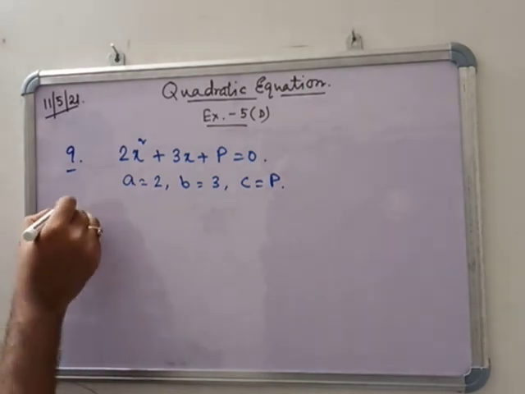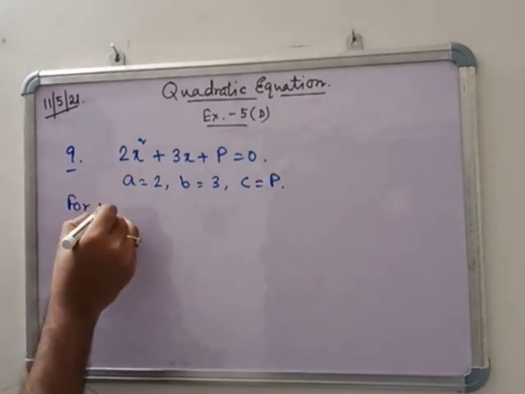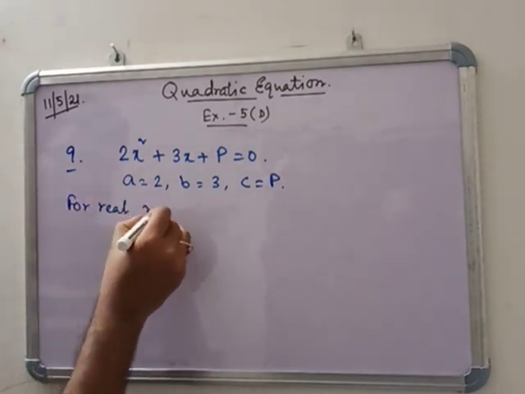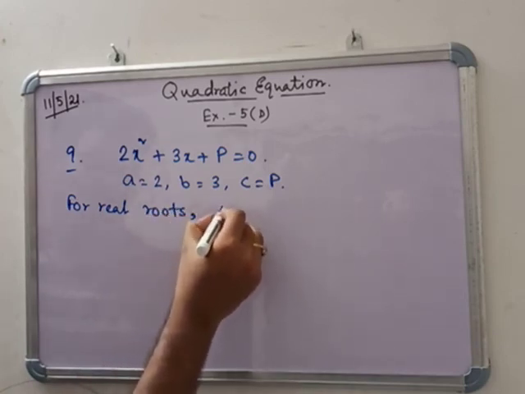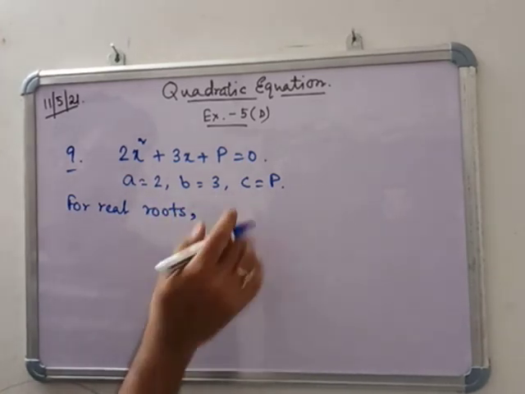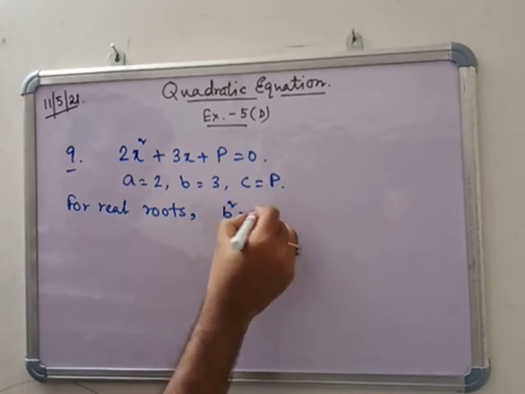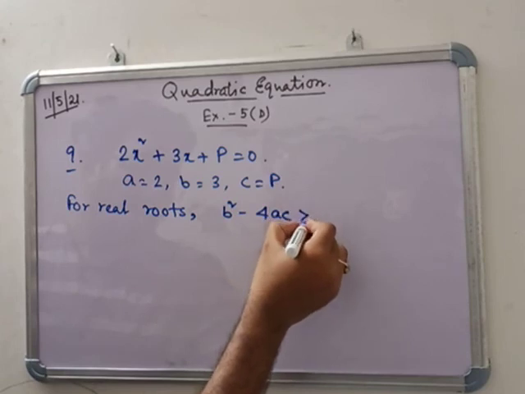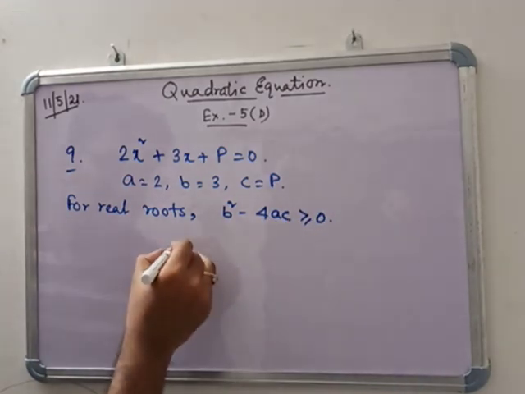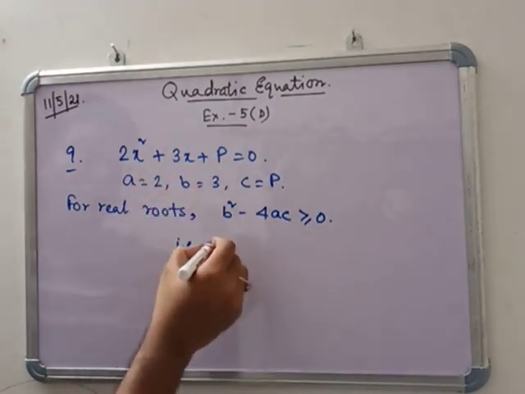Okay. Now for real roots, b square minus 4ac greater than equals to 0. That means, put the value now.